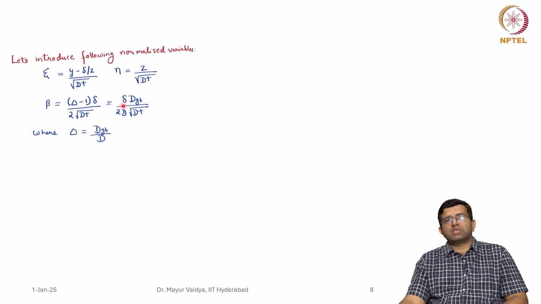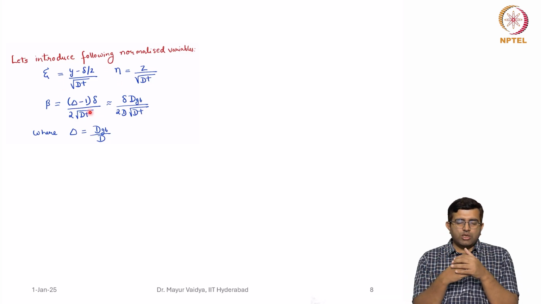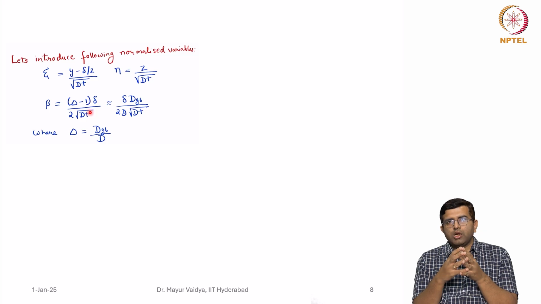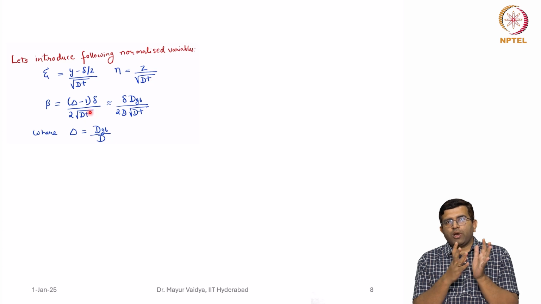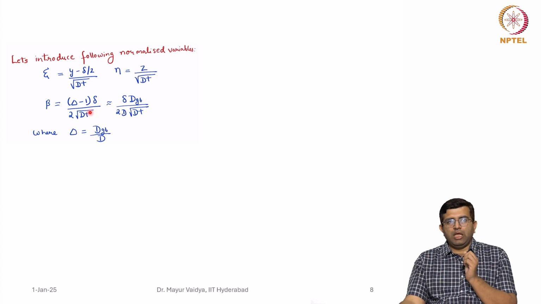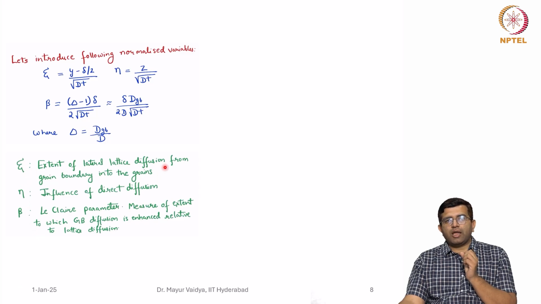Now, these parameters are dimensionless, which was essentially used to simplify the analysis of the diffusion equation, but they also have a certain physical meaning. For example, psi represents the extent of lateral lattice diffusion from grain boundary into the grains. So, this is y minus δ/2. Eta represents the influence of direct diffusion.